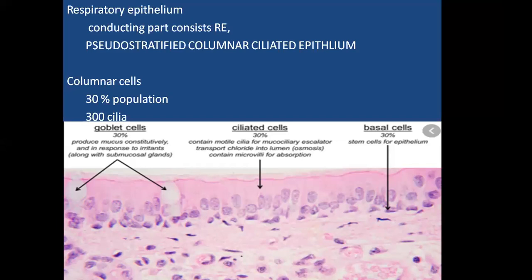The first cells are the columnar cells, 30% columnar cells, which have got motile cilia. We've already discussed what motile cilia are. So 30% of cells are columnar cells which have got cilia.